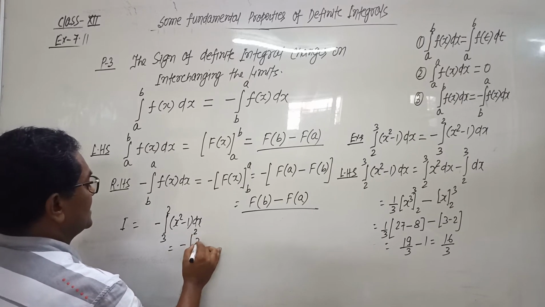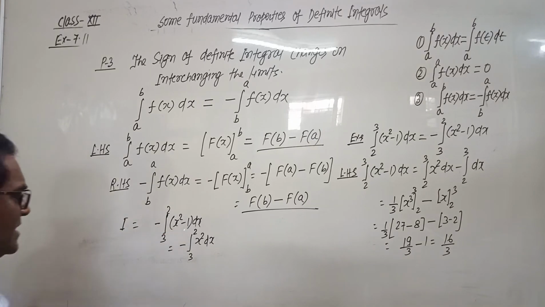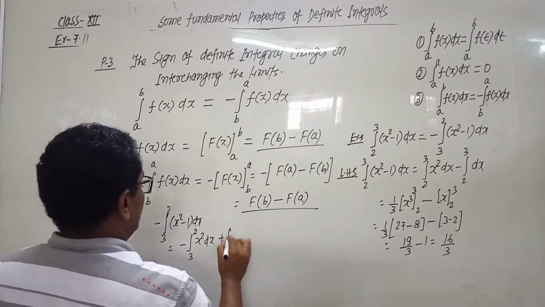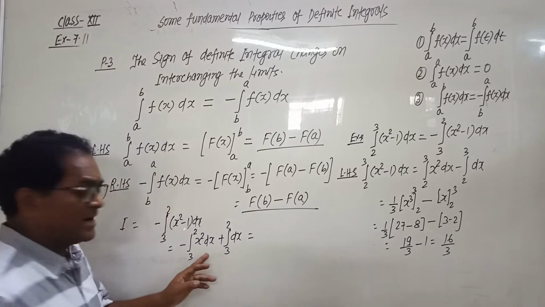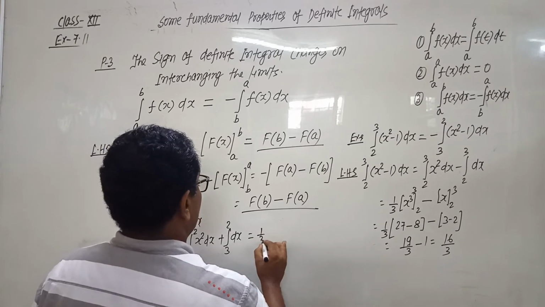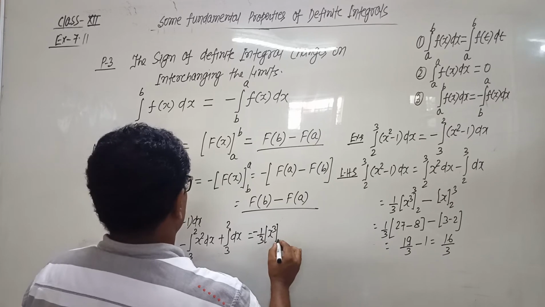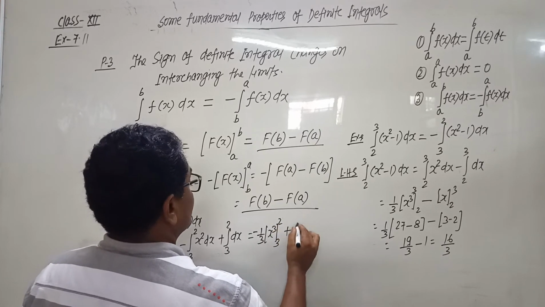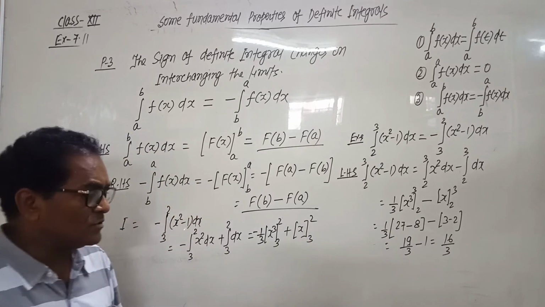Minus integration 3 to 2 x square dx plus integration 3 to 2 dx. Then integrate x square dx, it becomes 1 by 3 x cube and limit 3 to 2 and plus integration of dx is x and limit from 3 to 2.